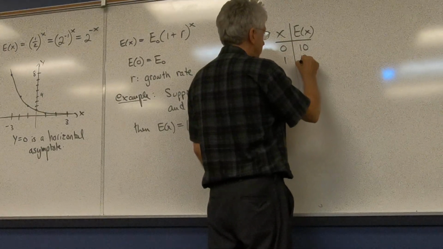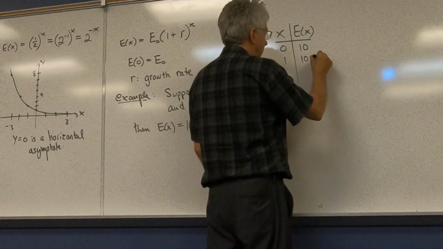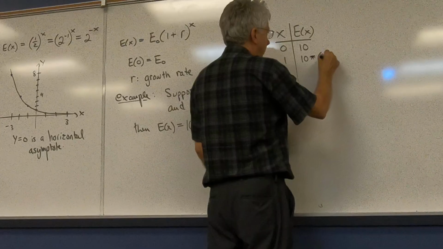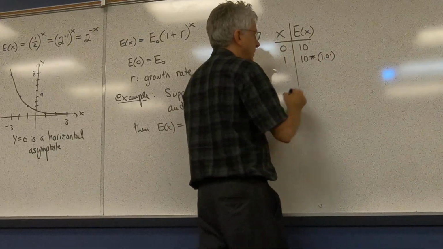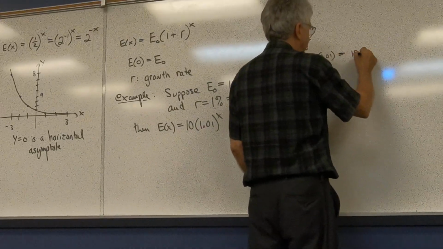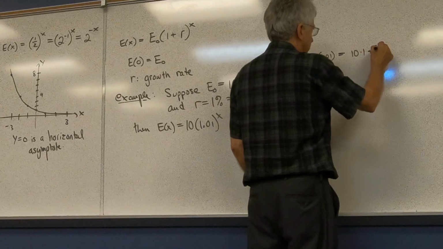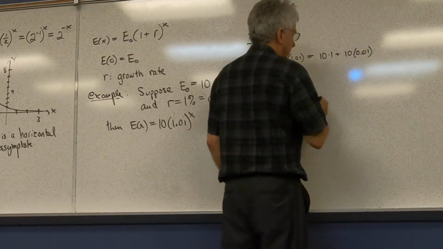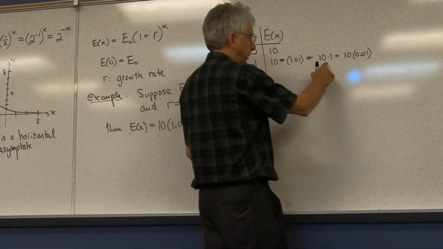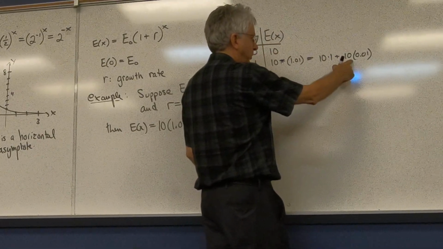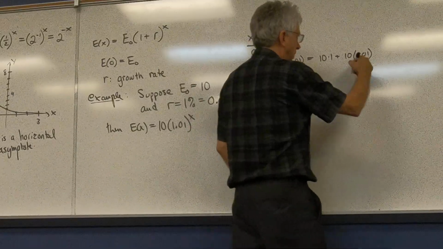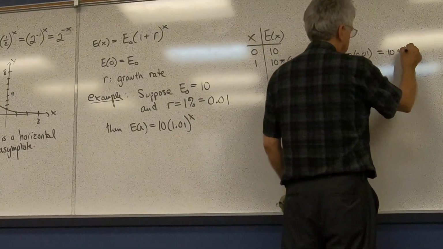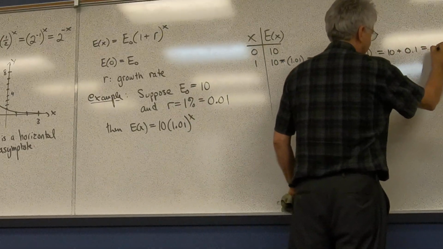So it's going to be 10 times 1.01, which you could also write as 10 times 1 plus 10 times 1%. This is what you started with, and this is the amount of growth. So that's 10 plus 0.1, which we can write as 10.1.